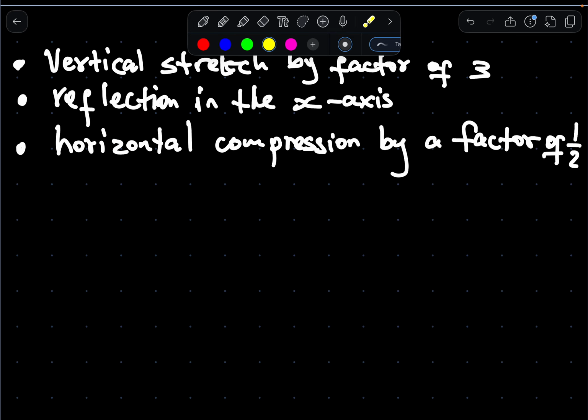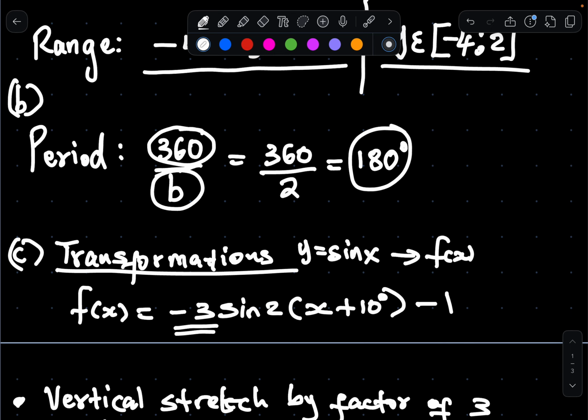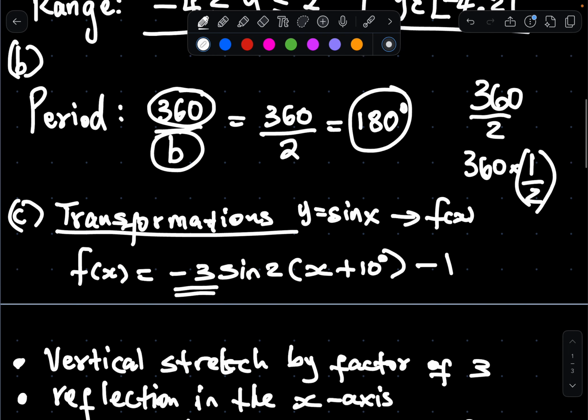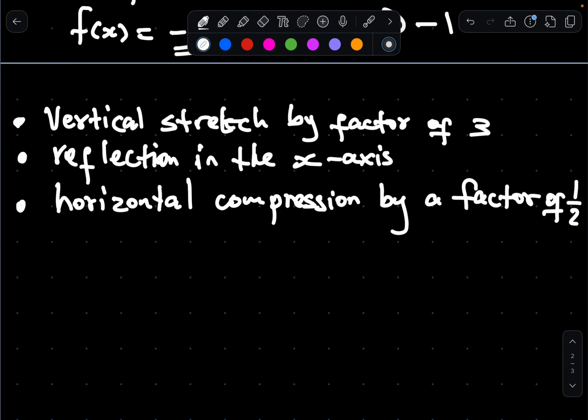I just want to show you why we reciprocate. Remember, it's 360 divided by 2, but this is like 360 multiplied by 1/2. So this is the factor that we multiply by. A factor is what you multiply by, remember. By a factor of half. Perfect. And then the last 2 are easy.